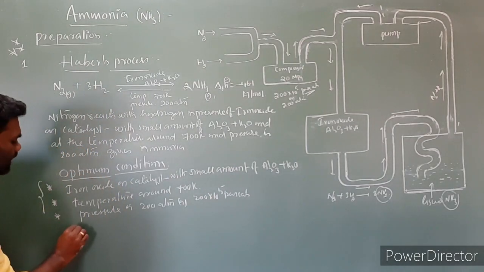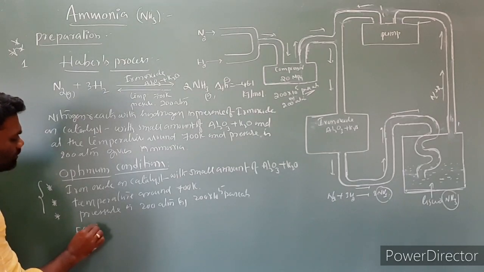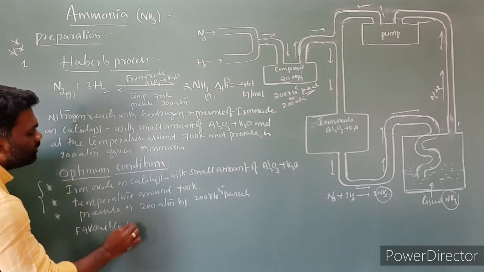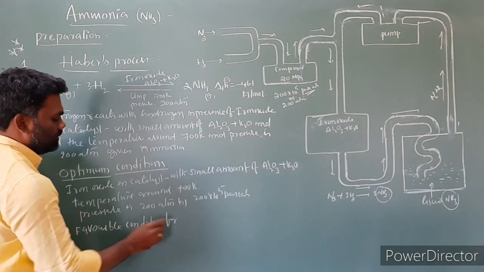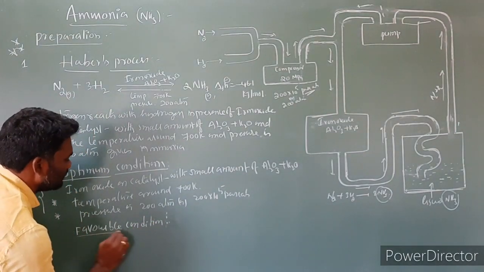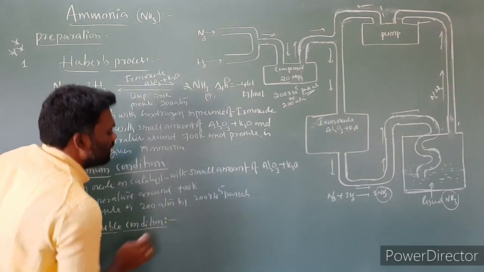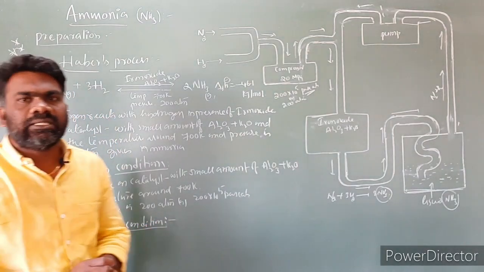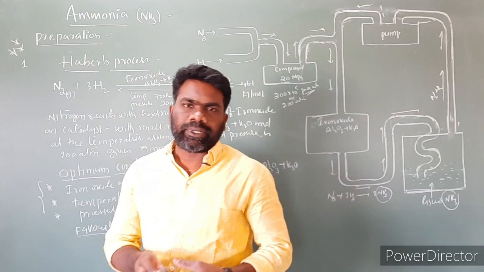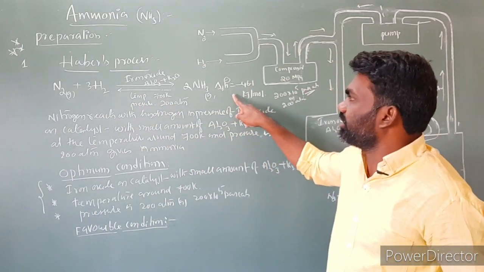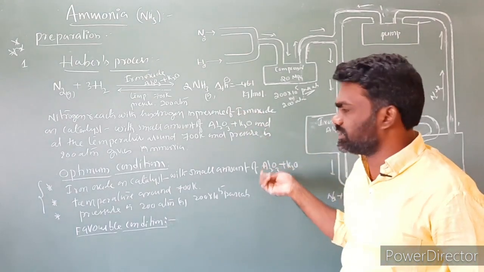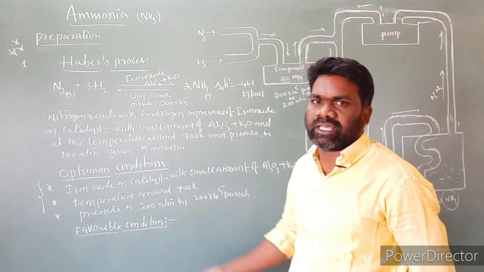Next, favorable conditions for the manufacturing of ammonia by Haber process. According to Le Chatelier principle, low temperature and high pressure are the favorable conditions. Whenever the pressure increases, here the number of moles of gaseous reactants is 1 mole and 3 moles, a total of 4 moles. The gaseous products are 2 moles.